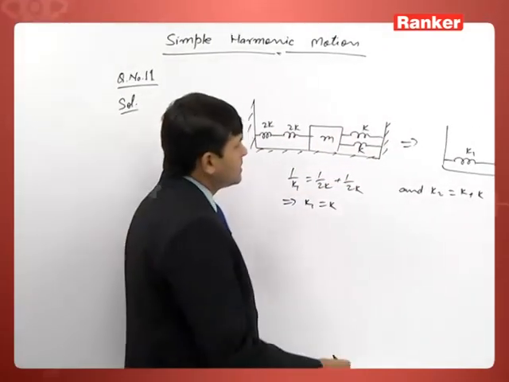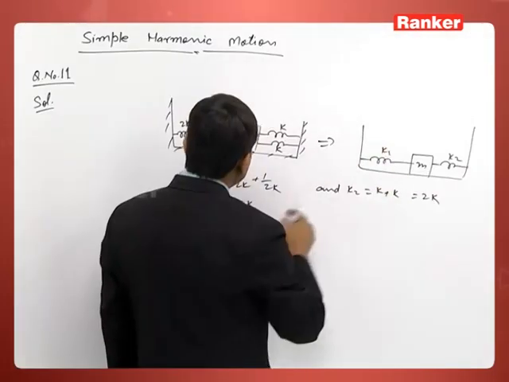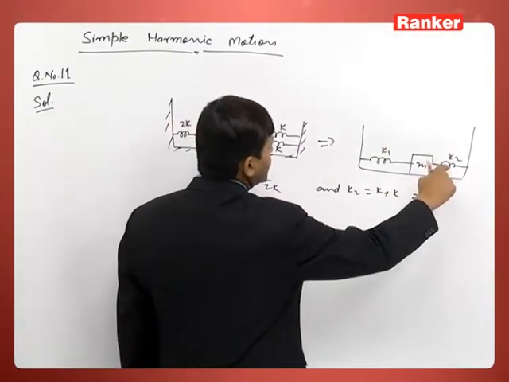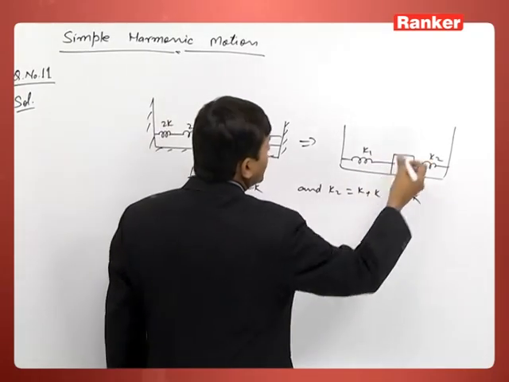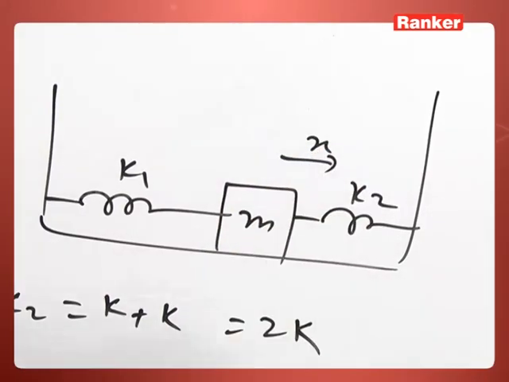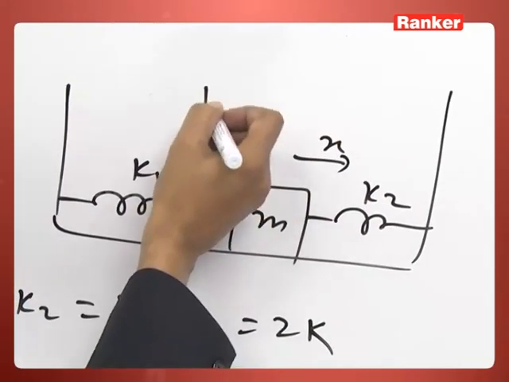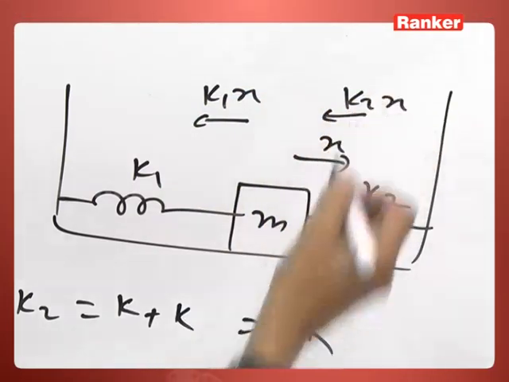So now this is just like 2 springs, K1 with force constant K, K2 with force constant 2K, and these 2 are in parallel. Suppose it is displaced by x, so the force is K1x, and from the other spring K2x.